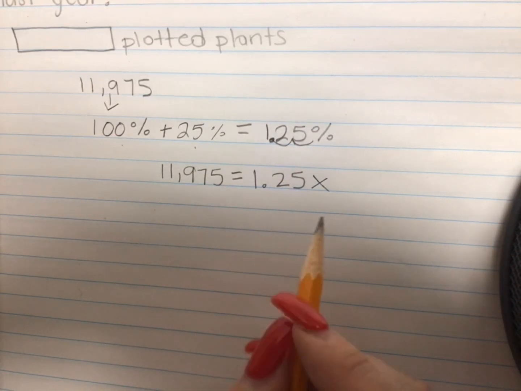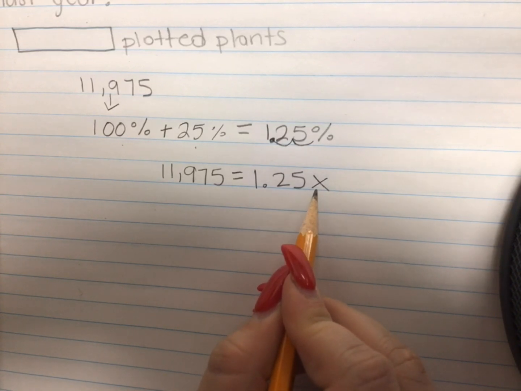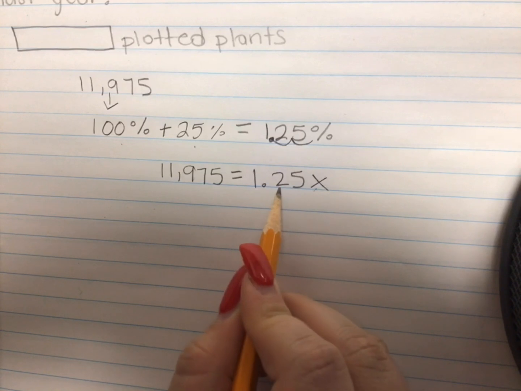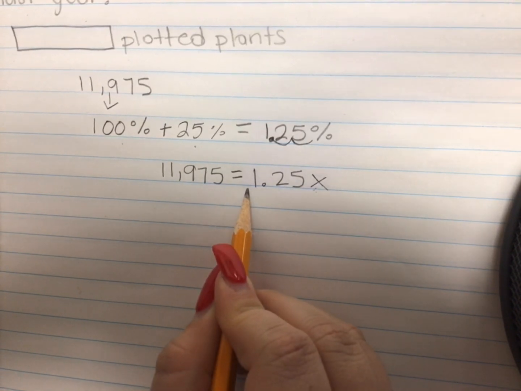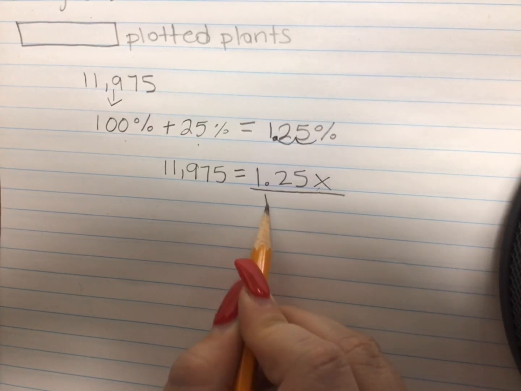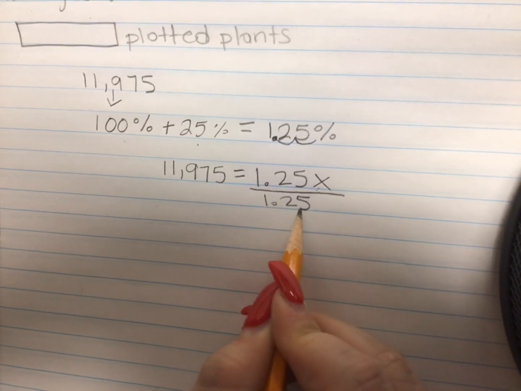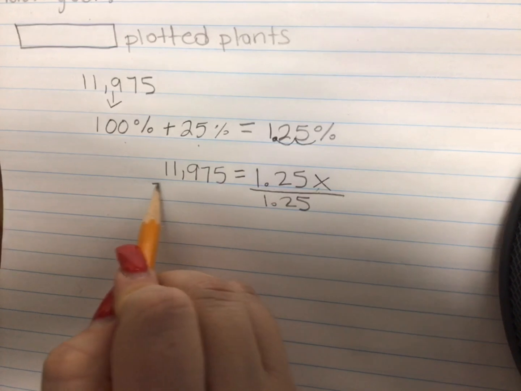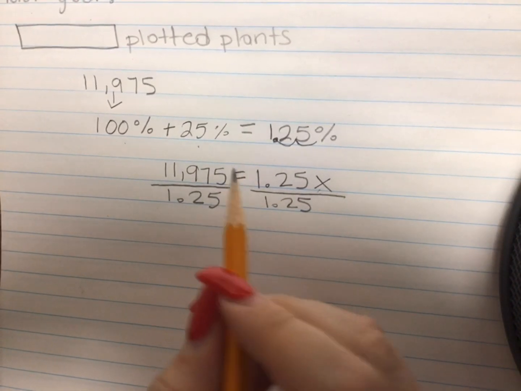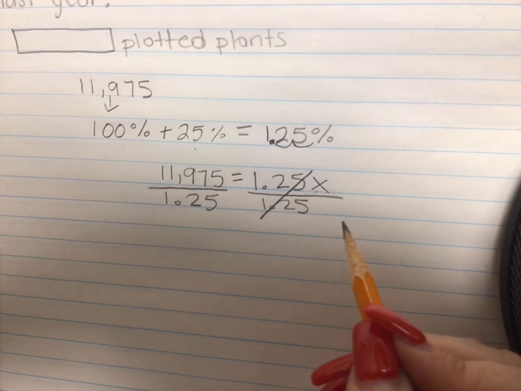What you do is you're trying to get the X alone, the variable isolated. Since 1.25 is being multiplied with this variable, you have to do the opposite, which means you're going to divide by 1.25. And what you do to one side, you have to do to the other side. This is going to cancel out.